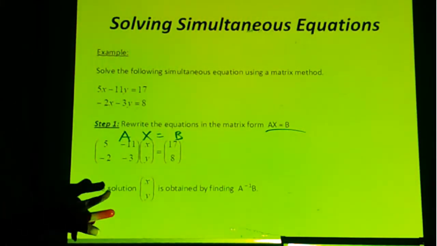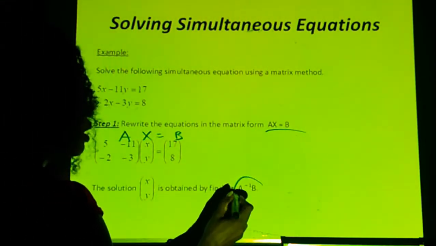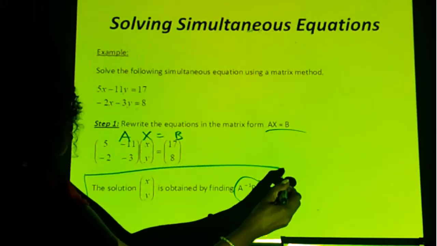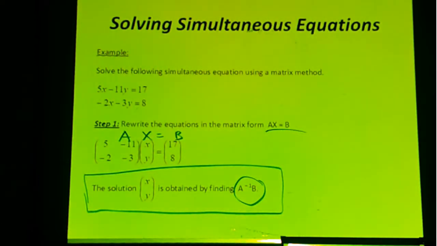Now, to solve a simultaneous equation, this is a formula. And I'm going to get a bit into the reasoning part of it as we go on. So highlight this in your book, make a note. This is how you solve simultaneous equations using a matrix method.